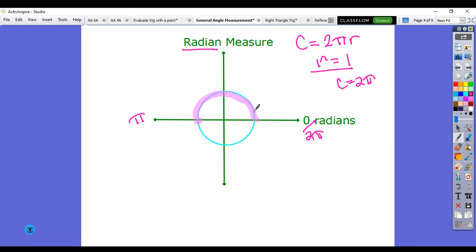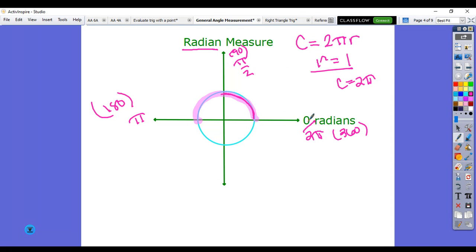All the way 2 pi, halfway 1 pi. So pi is in the same spot as 180, just like 2 pi was in the same spot as 360. What's in the same spot as 90? If this half is 1 pi, what's a quarter of a circle? Half of a half, pi over 2.